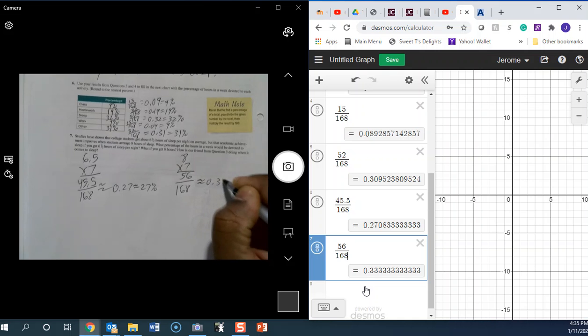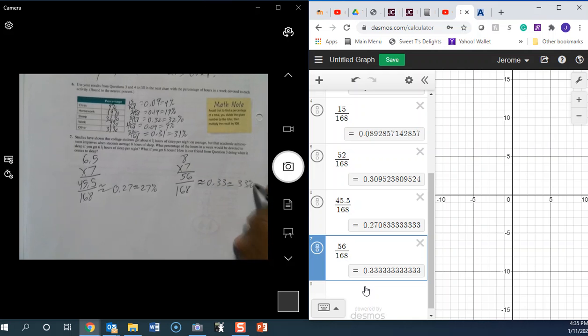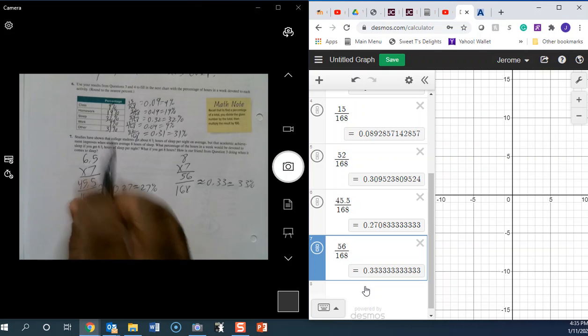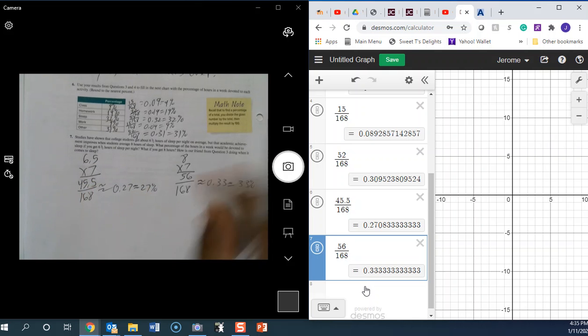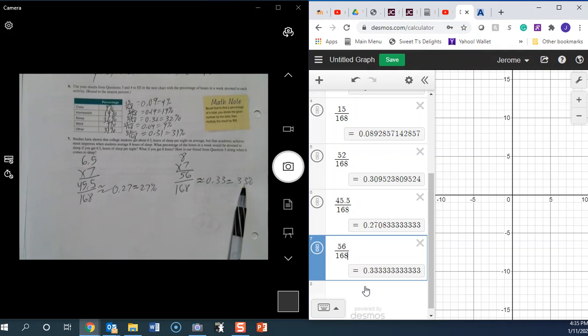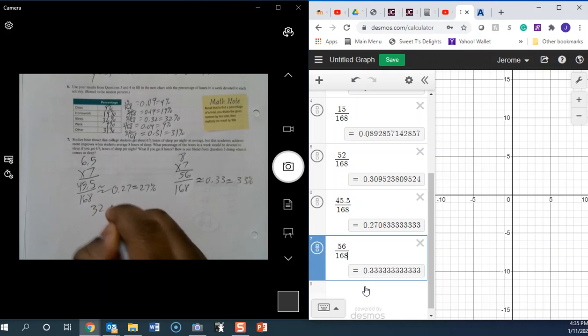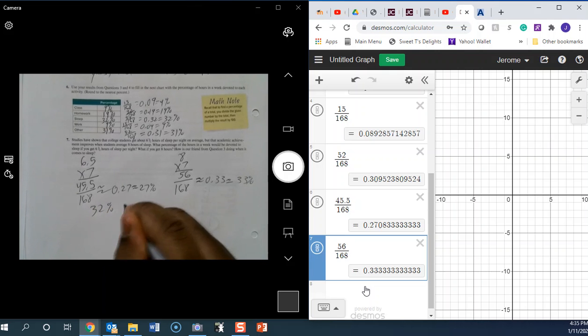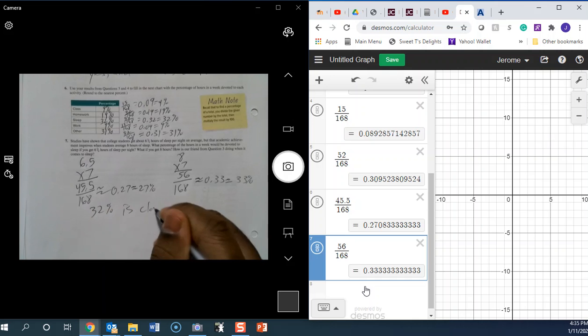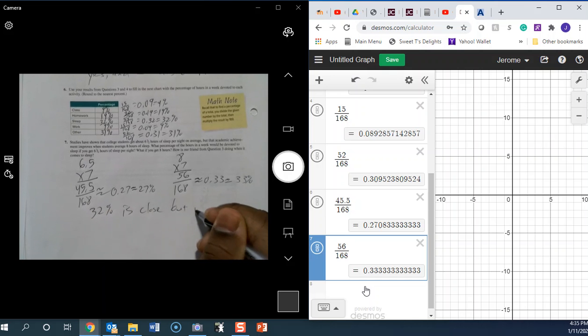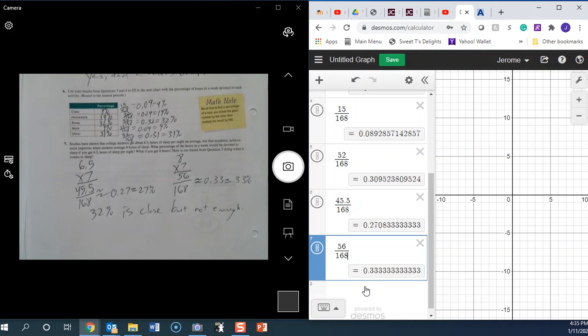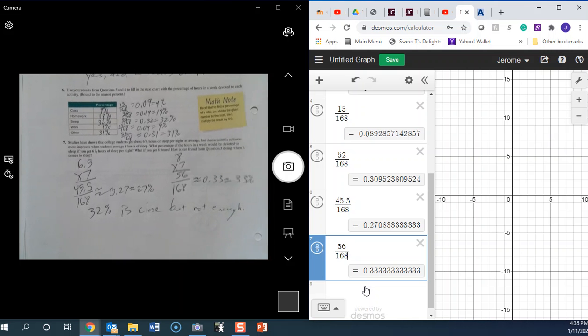So it'll be approximately 0.33, which is about 33%. So if you look here, the sleep this person gets is 32% of their schedule, but it's recommended that you get 33%. So we could say that 32% is close, but not enough.